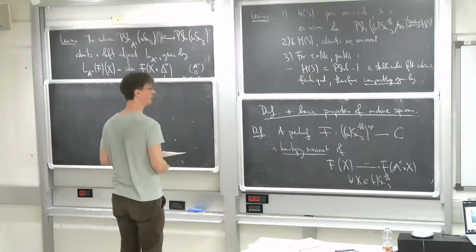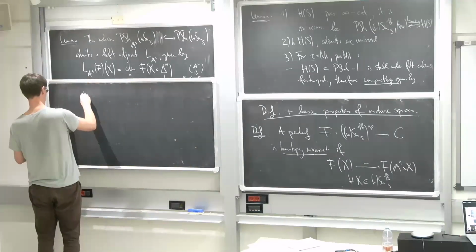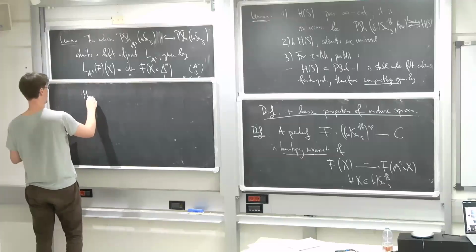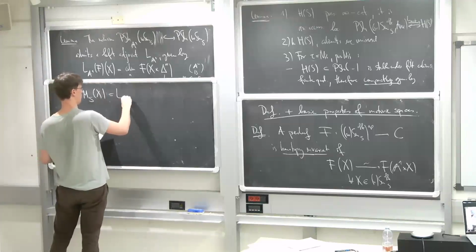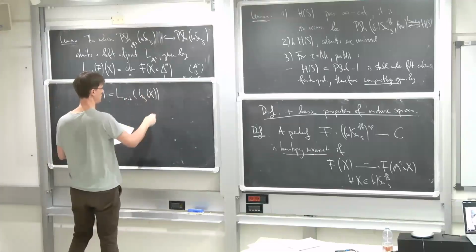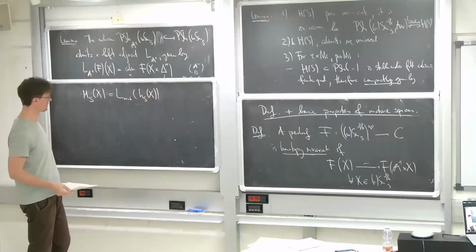So it's compactly generated by M_S of X, which is this L mot of this h_S of X. This h_S of X is really just basically the X, regarded as a representable presheaf.